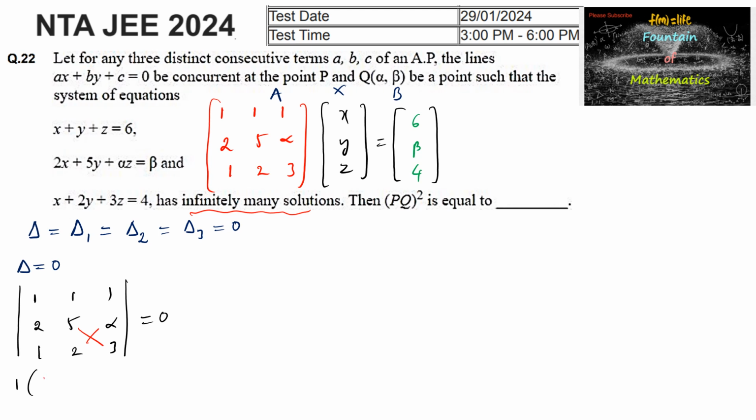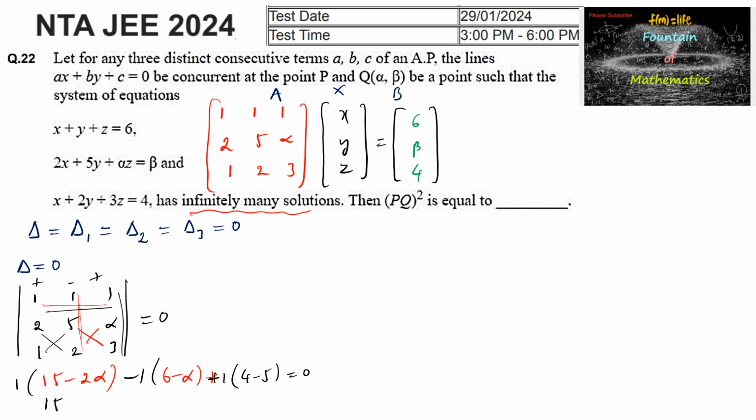So we write 15 minus 2 alpha, and again minus 1 times of, here plus minus plus, minus 1 times of, leaving this row and column, 2 3, the 6 minus alpha we can write, and again plus 1 times of, leaving this column and row, we can write 2 into 4 minus 5, which is equal to 0.